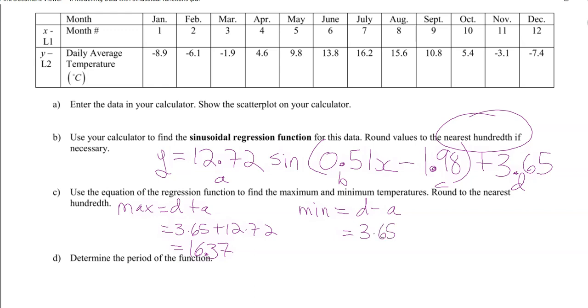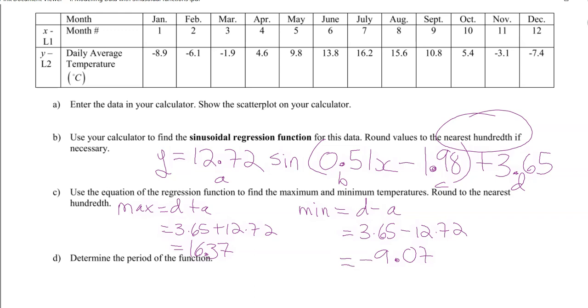So 3.65 minus 12.72, which, if I can do the math, is 9.07. And somebody might want to check that. Negative, right? Subtract it all. Yeah. Got the minimum above the middle.